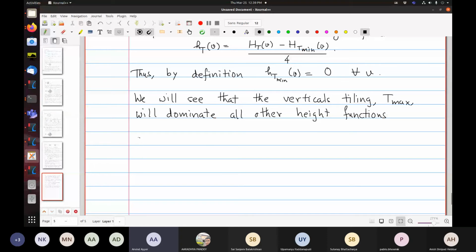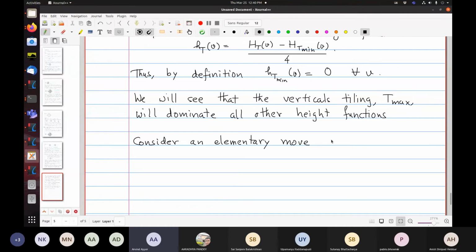Okay, so consider an elementary move. Remember what an elementary move was. It was two exactly adjacent horizontal dominoes converting to two exactly adjacent vertical dominoes in a 2 by 2 square, or vice versa.